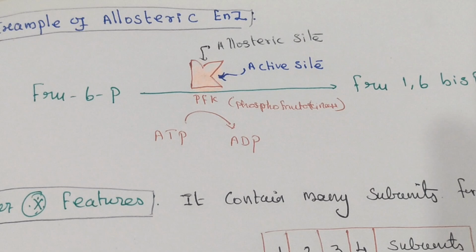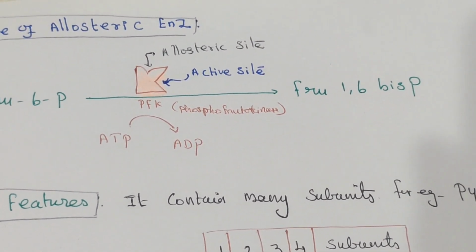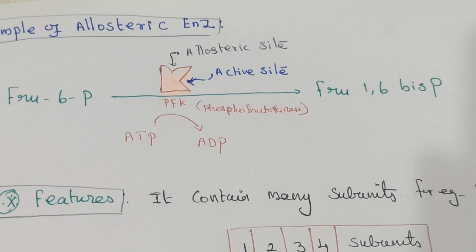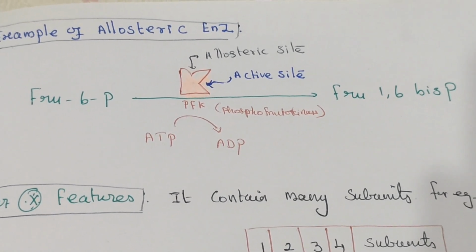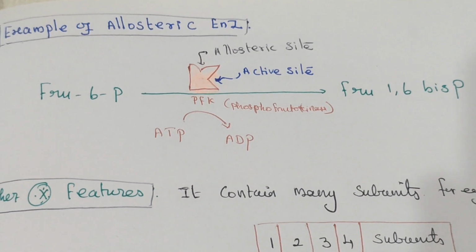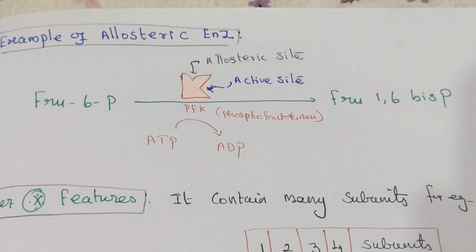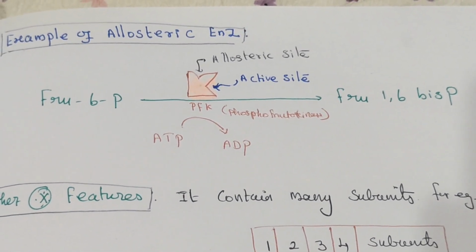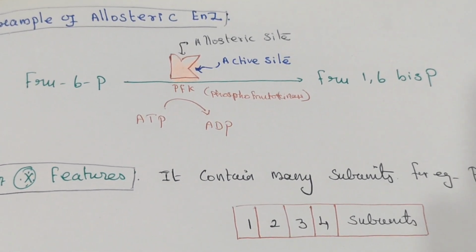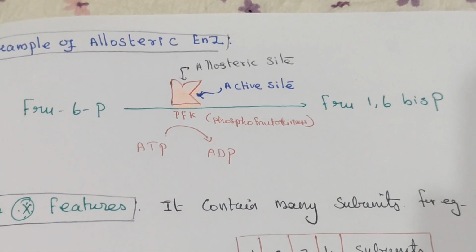Coming to examples of allosteric enzyme, it's phosphofructokinase, the most important regulatory enzyme of glycolysis. It has an allosteric site and an active site.